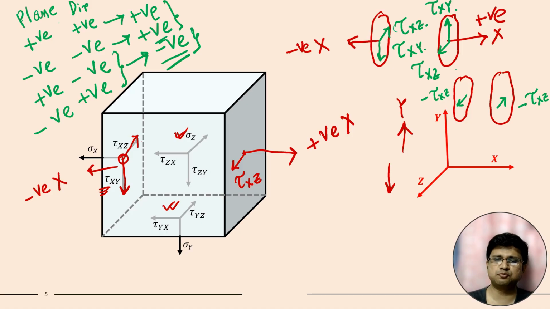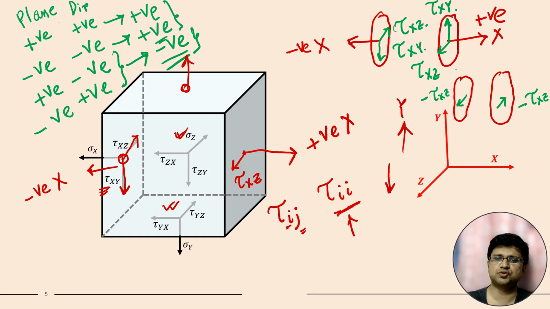Now another thing we have to remember, this is not applicable for all cases, but normally tau ij means shear stress, where i is the plane and j is the direction. But sometimes it can also be written as tau ii. If it is written tau ii, then actually it is not shear stress. That means the plane is the same and the direction is the same. Suppose this is the positive y plane, and the direction is also y, then obviously it is not shear stress, it is normal stress.